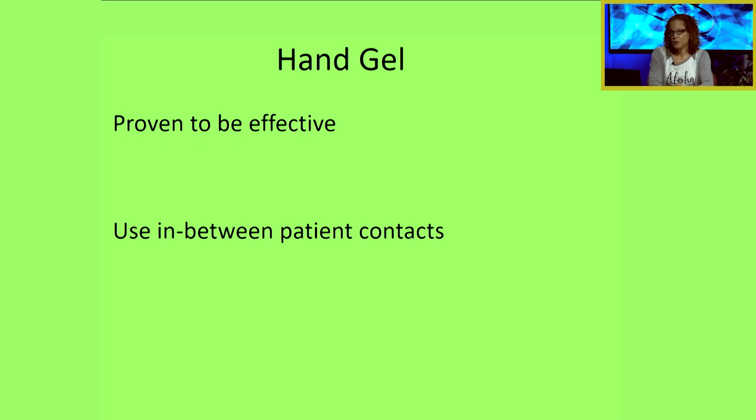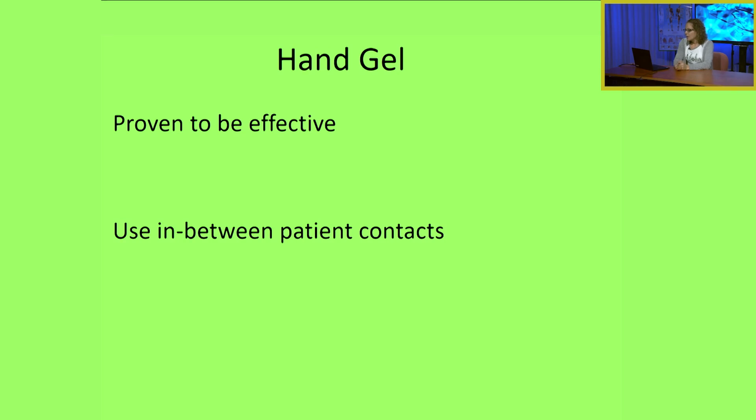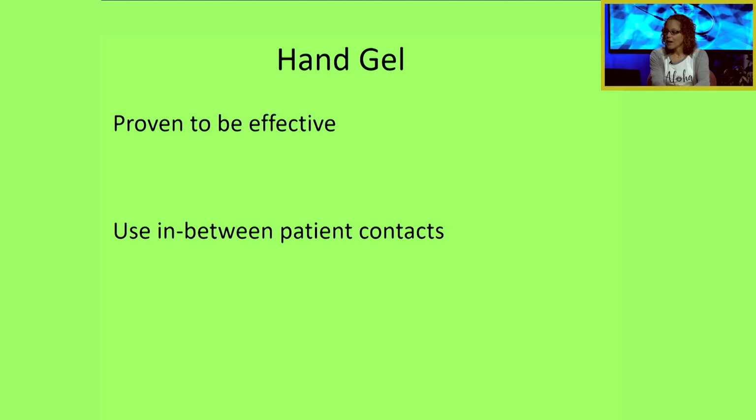Hand gel use is also proven to be an effective way to prevent the spread of infection. We can use hand gel in between patient contacts, okay? However, it's important to be able to differentiate when I should be using soap and water and when it's okay to use the hand gel, right?